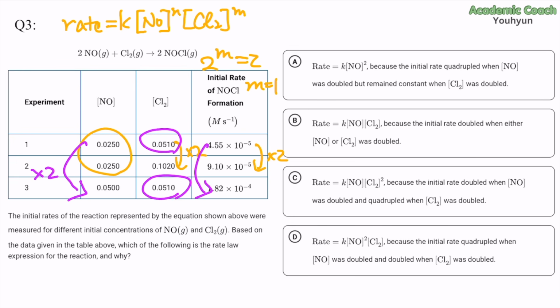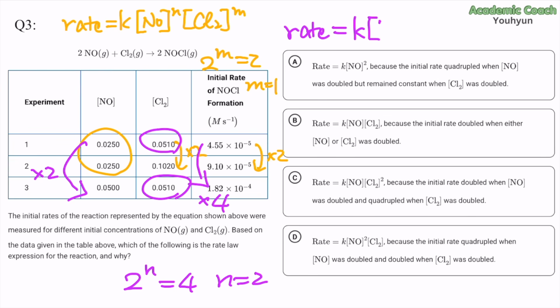And the initial rate quadruples. So this means that 2 to the power of n is equal to 4. So n is equal to 2. This means the rate law for this chemical reaction should be K times NO to the power of 2 times Cl2 to the power of 1. So the answer would be D.